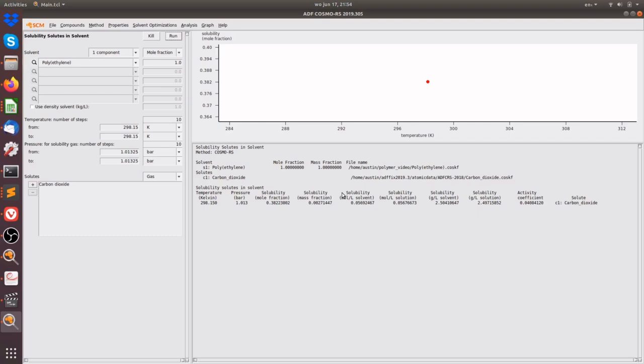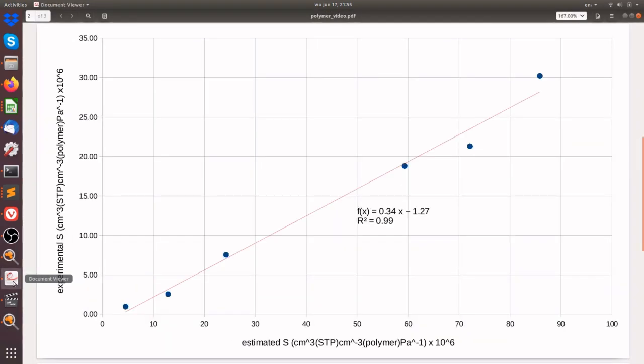So typically gas polymer solubility units are given in some volume of the gas divided by a volume of the polymer times some pressure unit, and that's quite easy to convert from this. And so indeed I've done that for these 6 solvents, which by the way are carbon dioxide, ethane, propane, propene, sulfur hexafluoride, and allene.